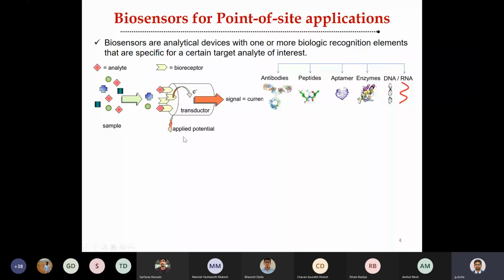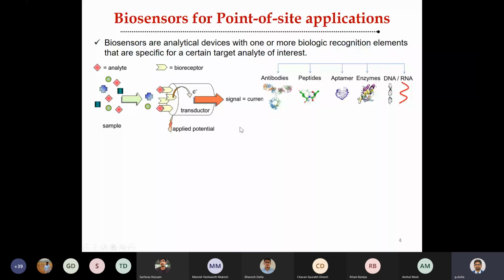The input is the potential applied on the transducer surface, and the output you get is in the form of current. If you have a very high concentration of analyte, you will get high current. If you have a low concentration of analyte, you will get low current. From the amount of current, you can predict how much biomarker is present in the sample. Right? It is very common, right?